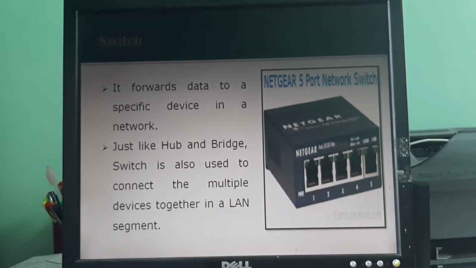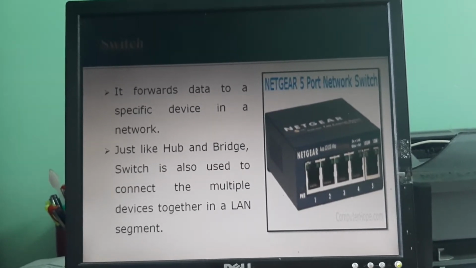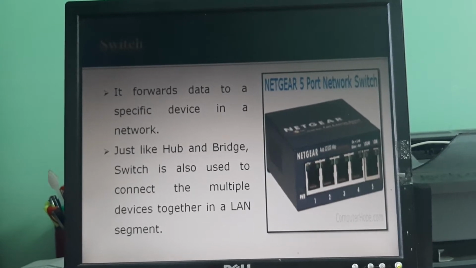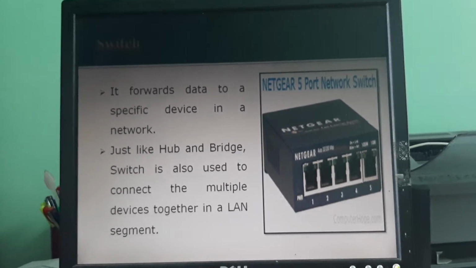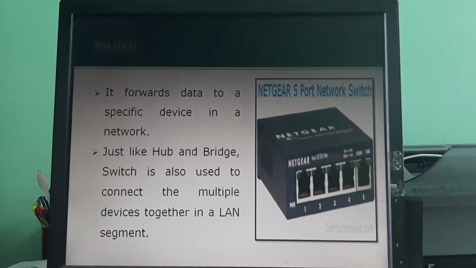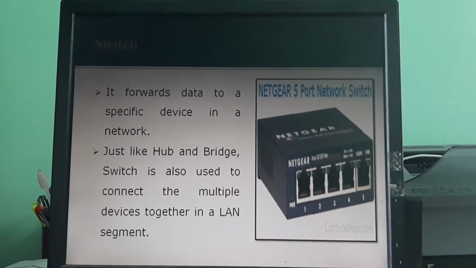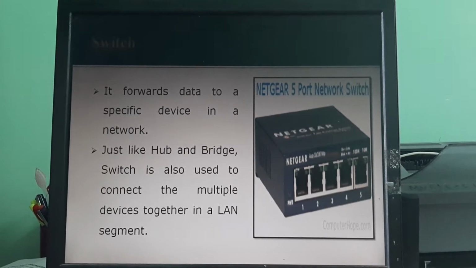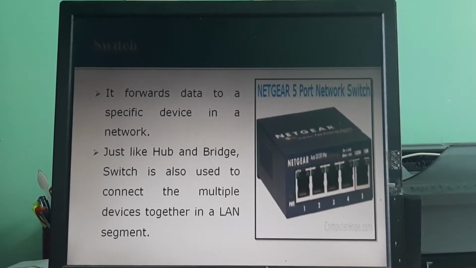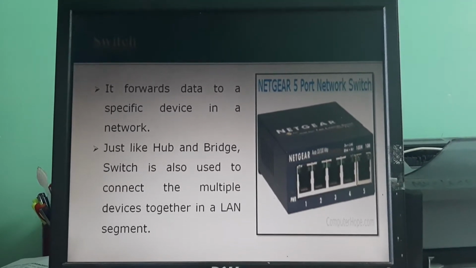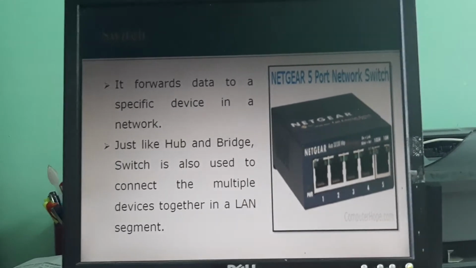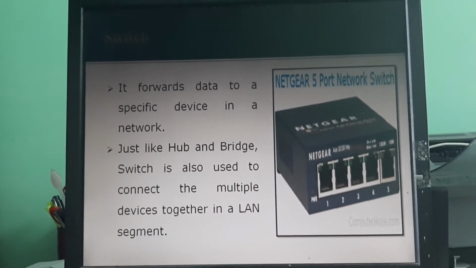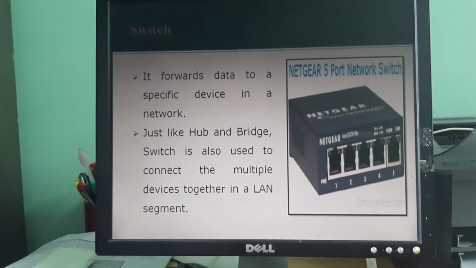These ASICs are specialized processors built only to perform very few particular tasks. Usually, the ASICs in the switches have a single task, and that is switching the frames as fast as possible. This is the third type of your network devices.